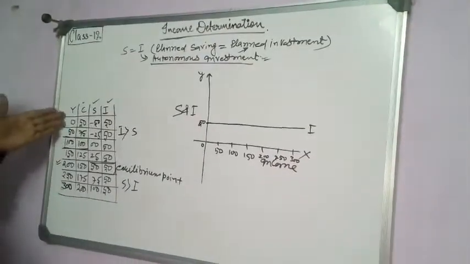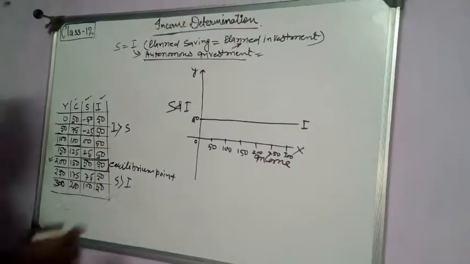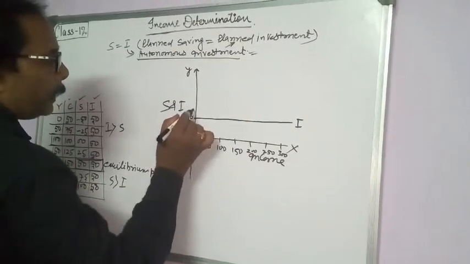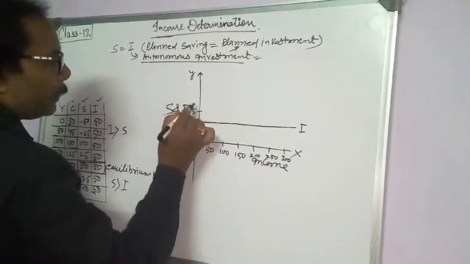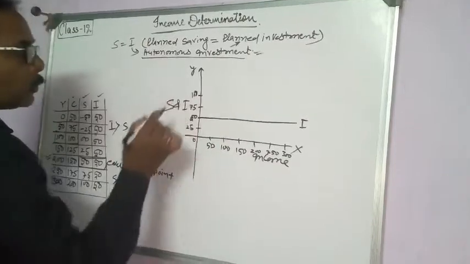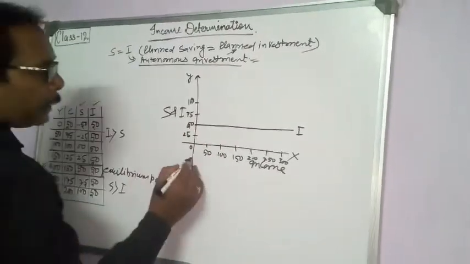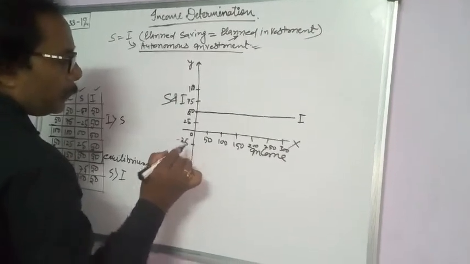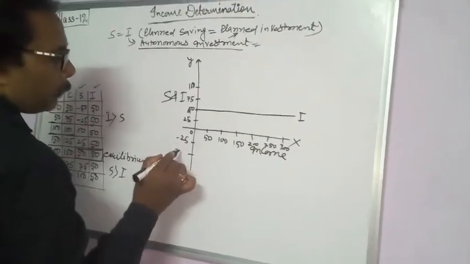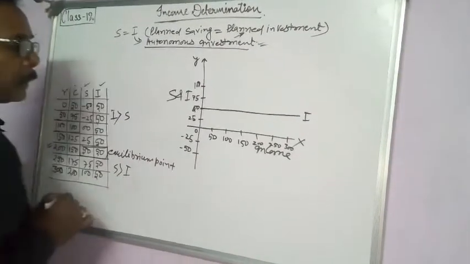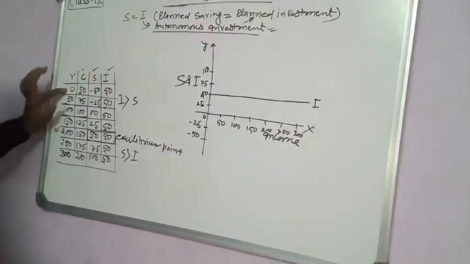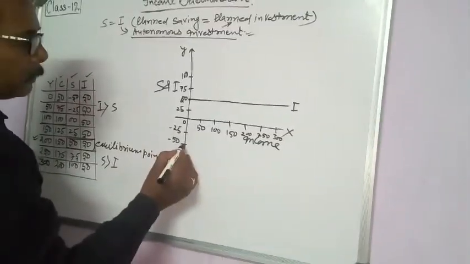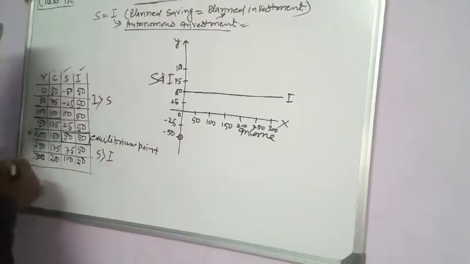So I have taken income up to 300. Suppose this is 25, this is 50, this is 75, this is 100. That is the positive saving. Like that, this is minus 25, next minus 50. Clear? So when the income is 0, our saving is minus 50. So the saving line will start from this point.